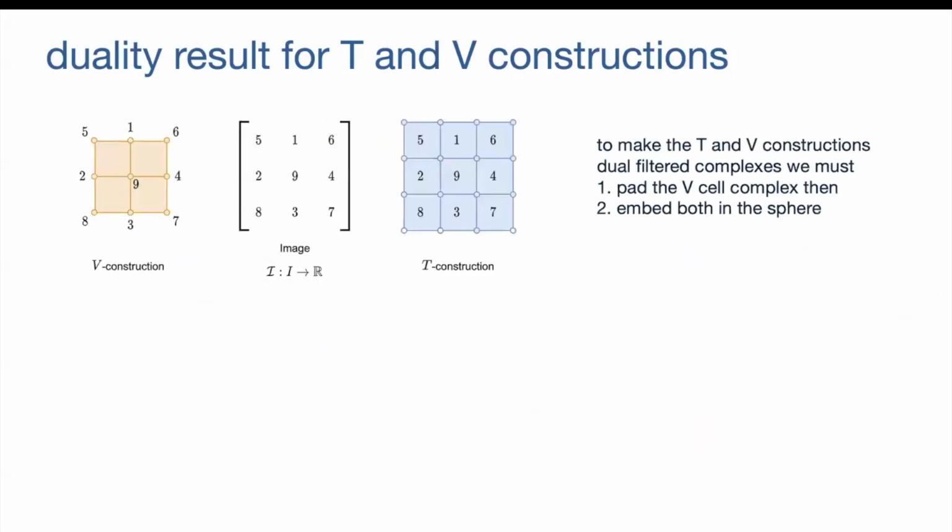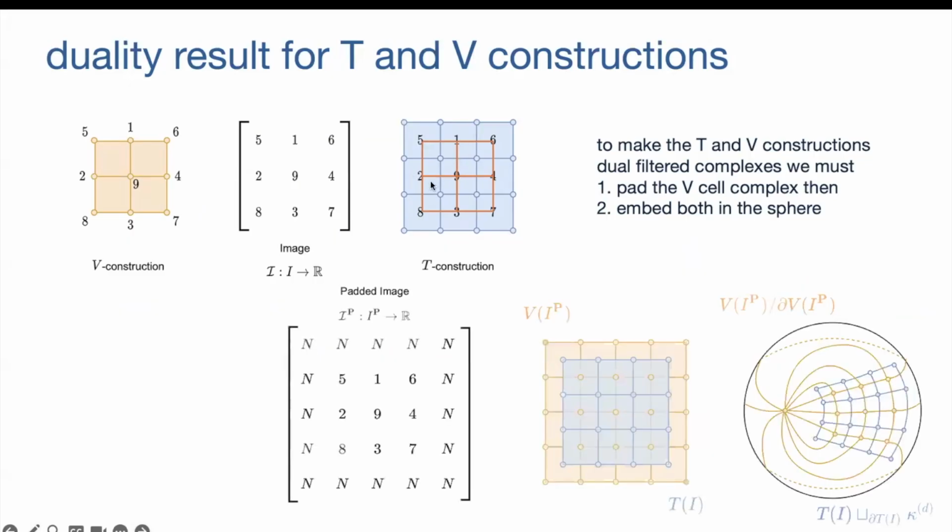Okay, so if I look at applying that kind of idea to my T and V constructions, I very quickly see that the V construction is building a complex that's significantly smaller than the T construction, yeah? And so how should I make, I guess we've got all these extra vertices around the edge of my T construction. What are the dual patches, okay, in the V partitioning?